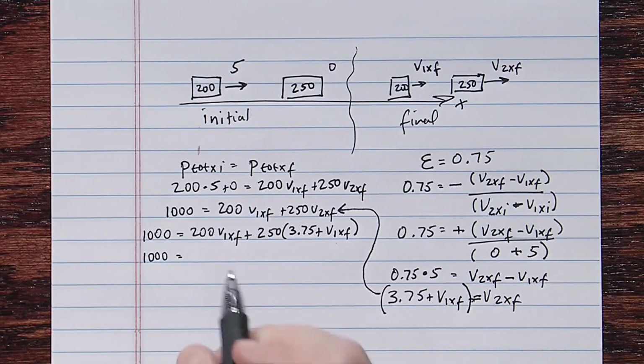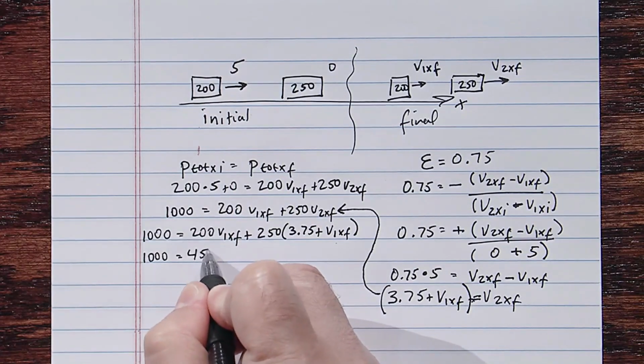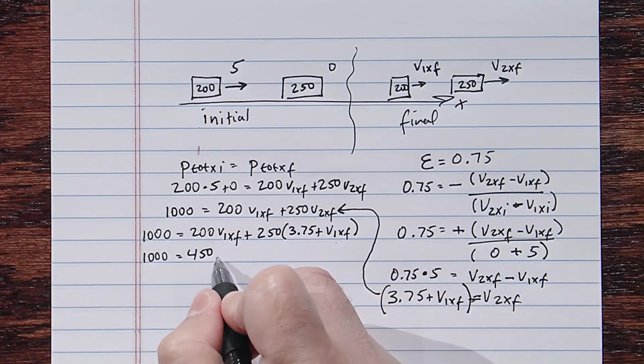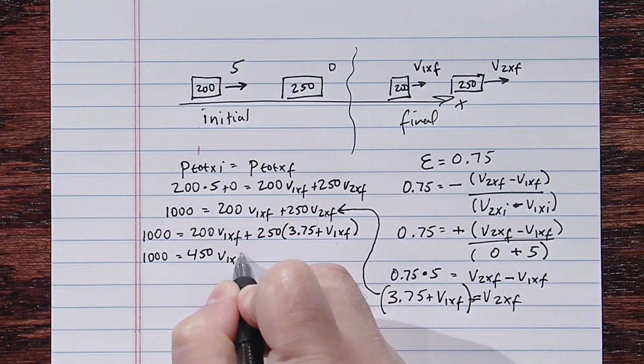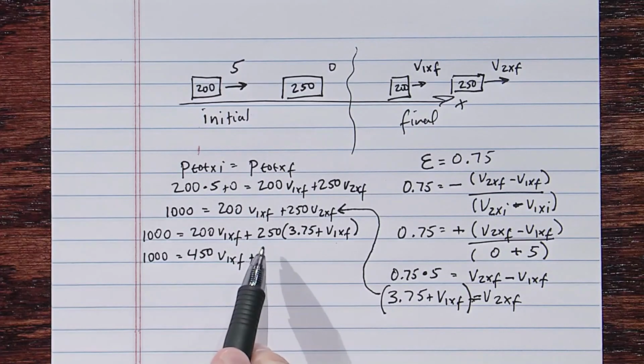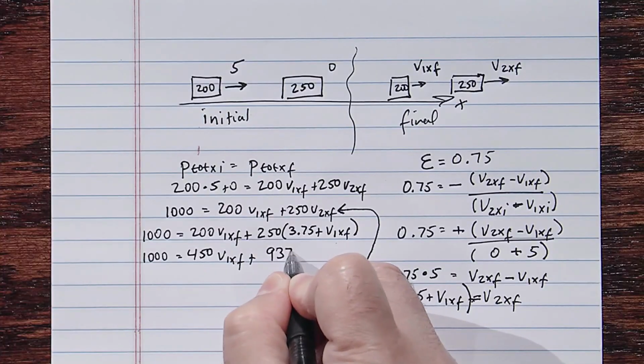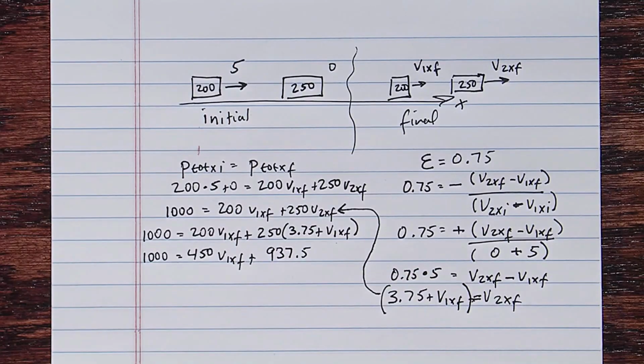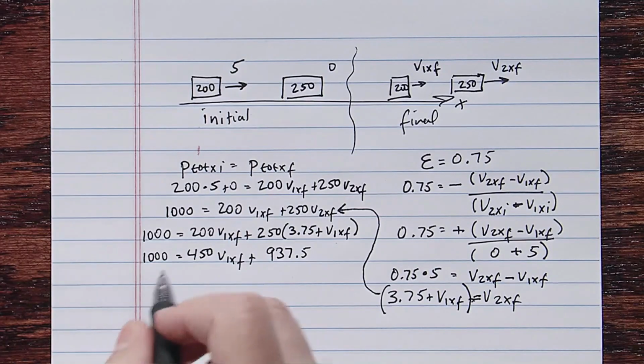So that's going to give us 450 V1x final plus 250 times 3.75, which is equal to 937.5, which I will subtract from both sides.